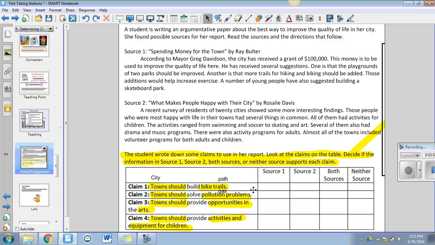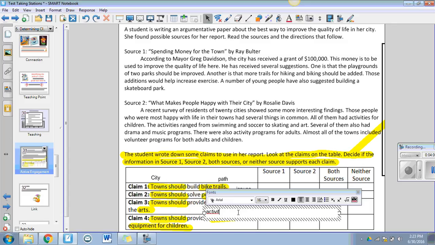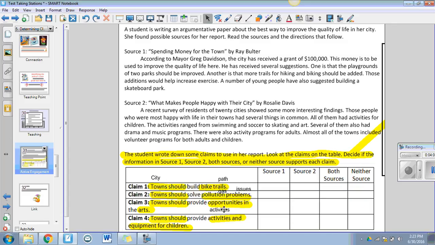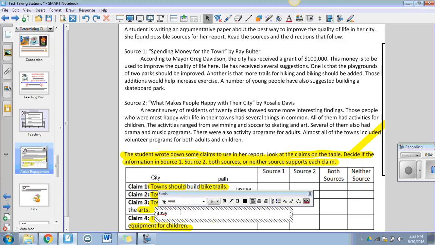For problems, I might see issues. Towns should provide opportunities in the arts. For opportunities, I might see the word activities. For arts, I might see music, knowing that music is also a part of art, maybe performance as well.